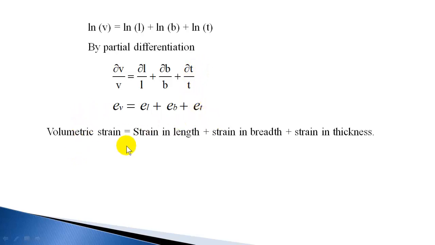So volumetric strain you are getting as strain in length plus strain in breadth plus strain in thickness. Summation of the linear strain caused in length, breadth and thickness, if you add, we will get the volumetric strain of the block.